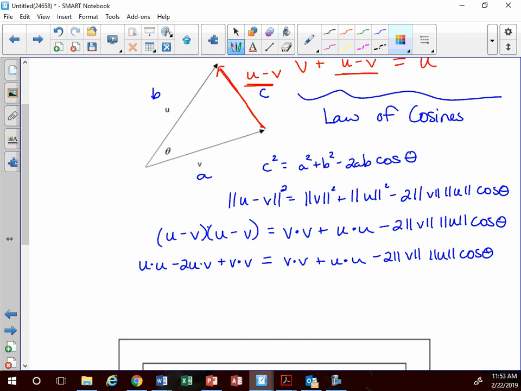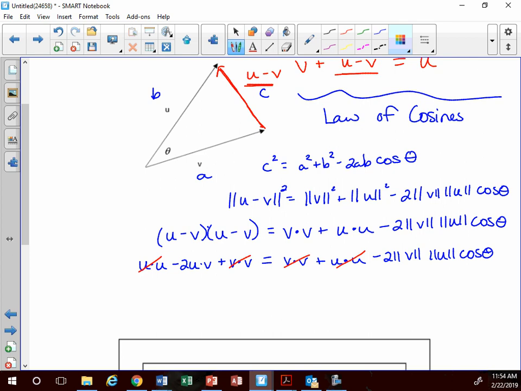Now what can we do? Yeah, subtract, and some things are going to go away. u dot u is gone, v dot v is gone. Then I have this. If I divide both sides by this negative 2 magnitude v magnitude u, is something else going to cancel out? The negative 2, do you see that?